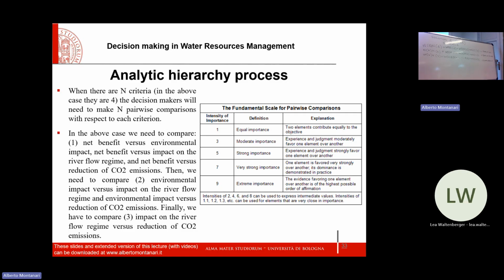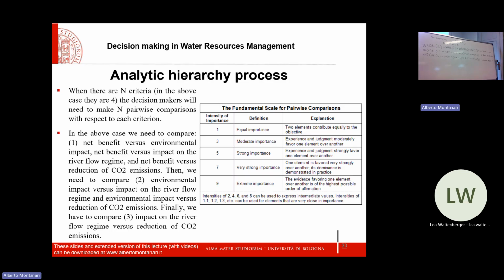And then you make a poll between people, and it's easier to find an agreement. And then you compare the first with the second, the first with the third, the first with the fourth, and then the second with the third, the second with the fourth, and then the third with the fourth. So for 4 criteria, we use 6 comparisons.